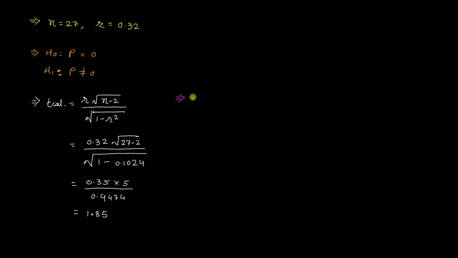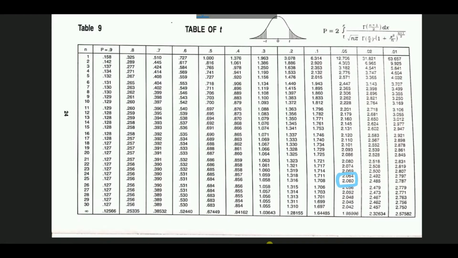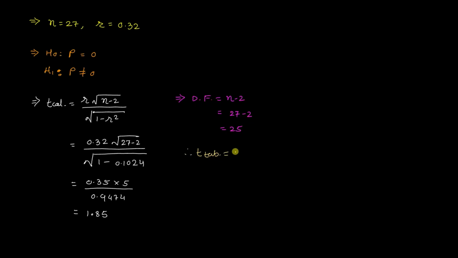Now find degree of freedom. Degree of freedom is equal to n minus 2, again 27 minus 2 equal to 25, and t table value, again it is 2.06.